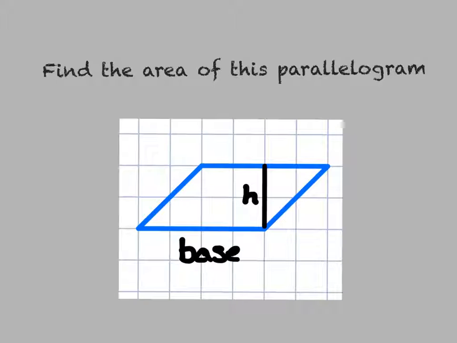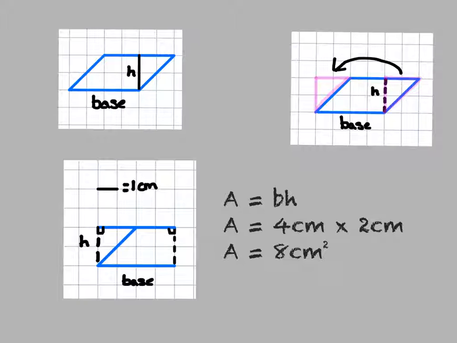Your turn. Pause the video and find the area of this parallelogram. Doing the same steps that we learned, we have our base and our height of our parallelogram. We're going to decompose this chunk and add it to this side, forming a rectangle.